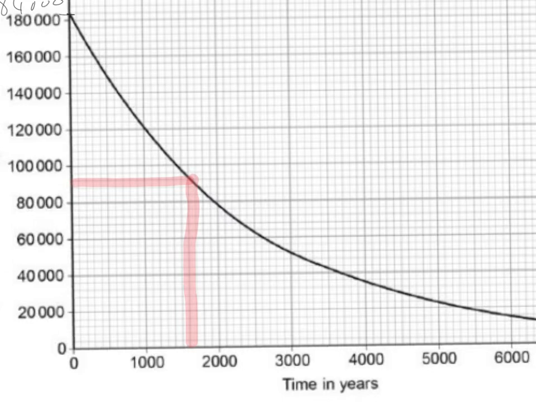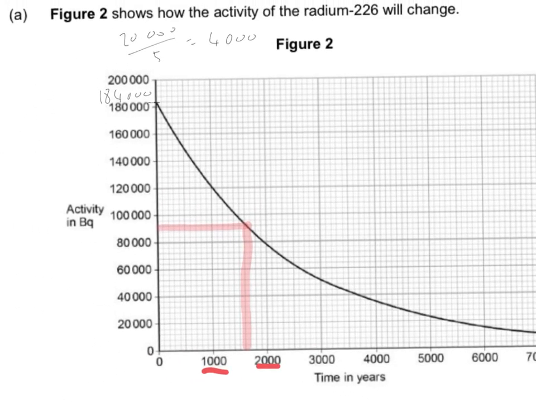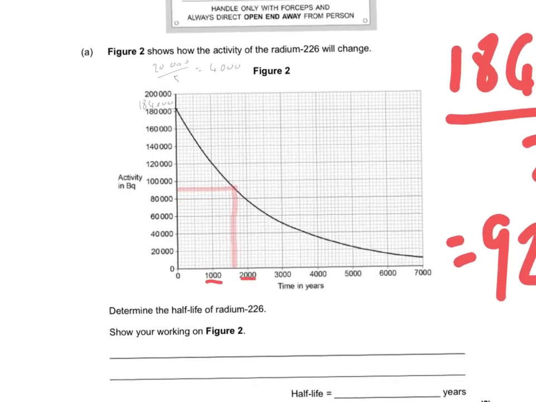Now I need to read this value here. You can see that we're going from 1,000 to 2,000. It's taking approximately 10 squares to do that, so each small square is going to be 100. I'm on the 6th small square along, which would take me up to 1,600 being my time in years. If I zoom that back out, I'm ready to isolate the graph.